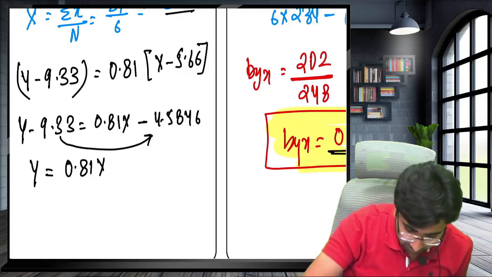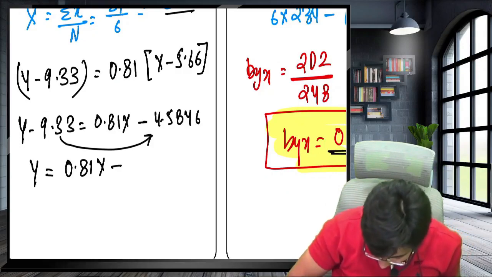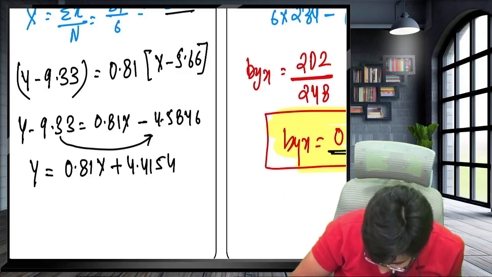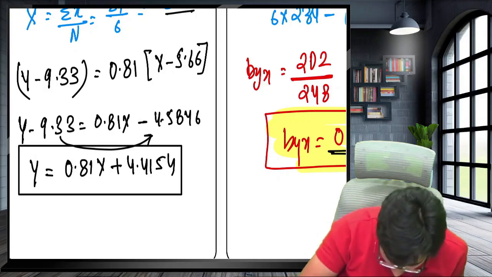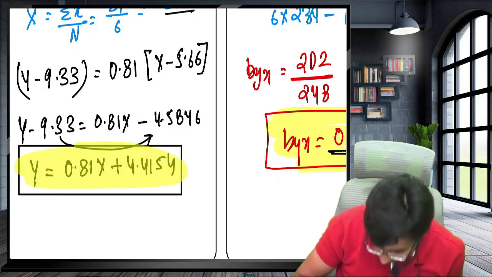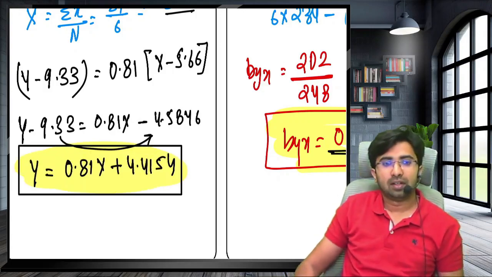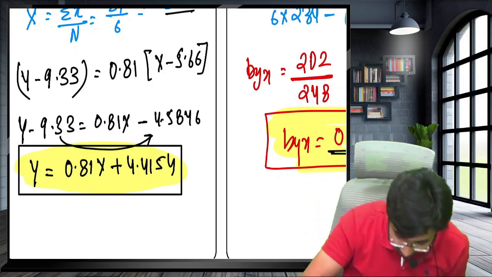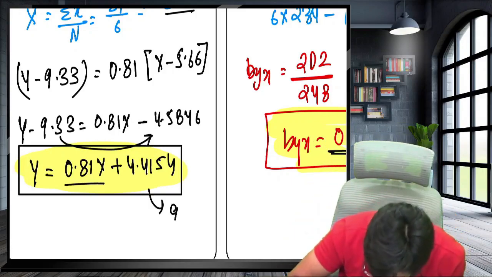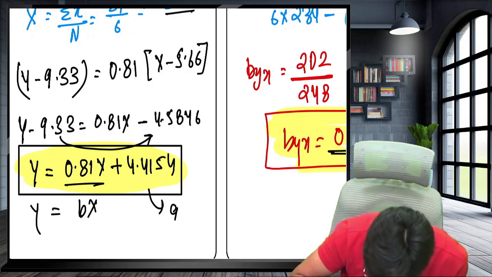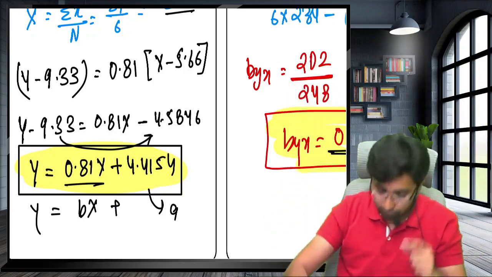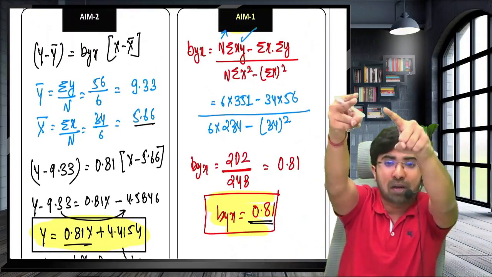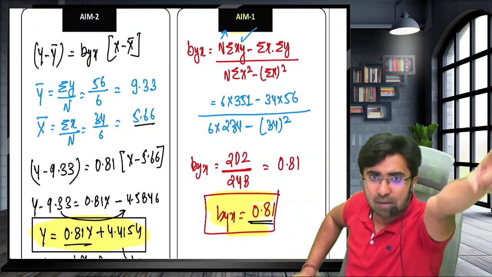So when you solve this, it will be plus 4.4154. Guys, can you see, is this Kumar Ravi or Ravi Kumar now? Sir, y is equal to, we can say this is A and this is Bx, so y equals A plus Bx. I have achieved aim number 1, and guys, I have achieved my aim number 2.